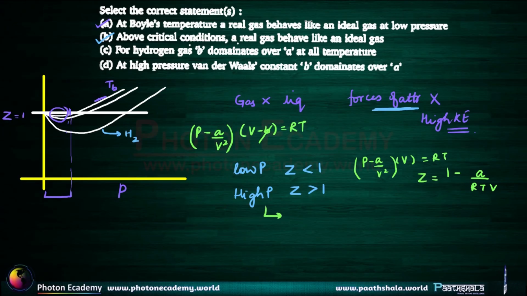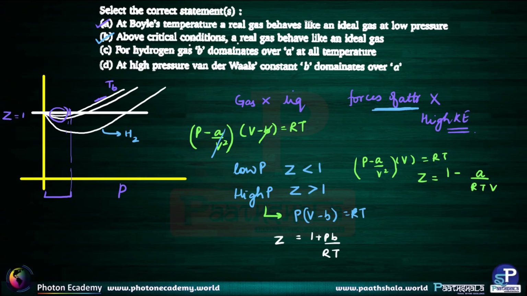And for the high pressure conditions, a/V² would get neglected. So we have P(V − b) = RT. And here when you divide by RT on both the sides, we get Z = 1 + Pb/RT, right?